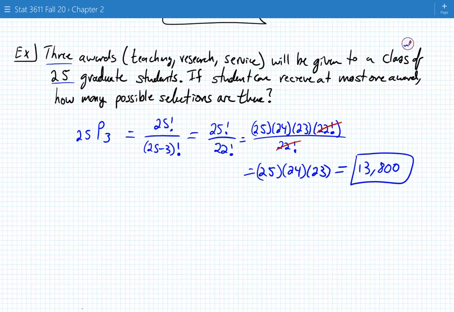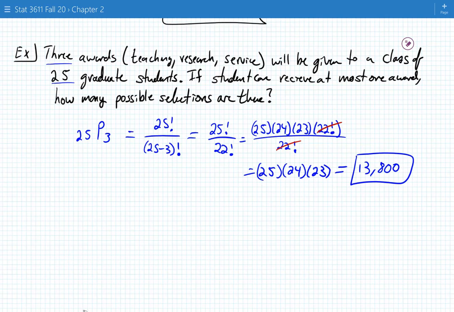And I really like writing these factorials out and reducing down the multiplication because this really hammers in the idea of how these permutations relate and come from the multiplication rule. Because when you get to this stage, choosing 3 awards, this is a multiplication rule question that has 3 stages.